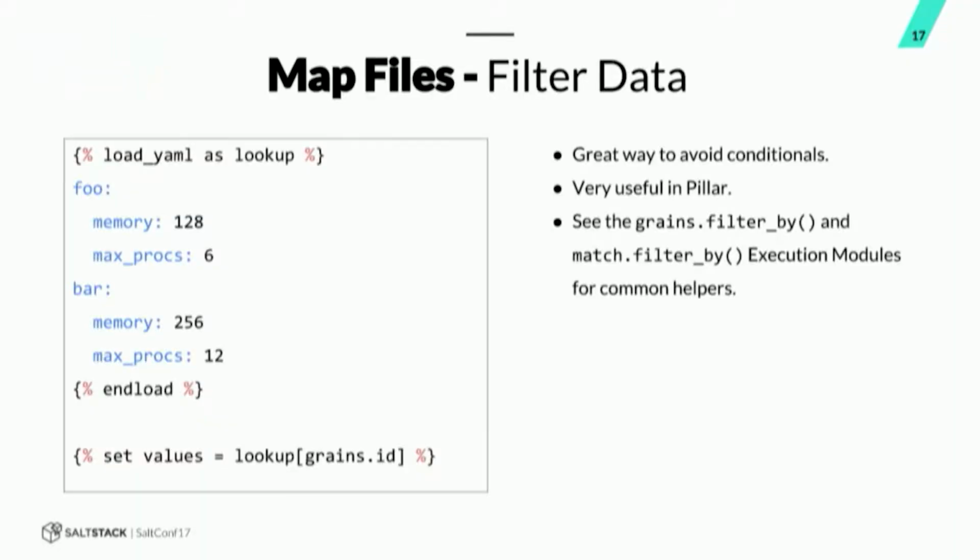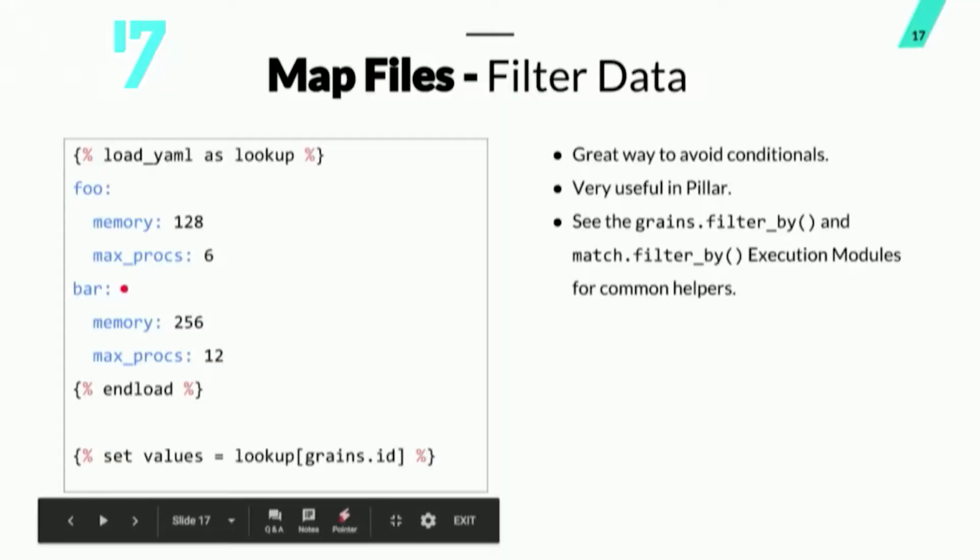They can also be used to filter data. Say you've got a lookup table of all possible values for all possible systems. It's nice and lightweight. You can ship it along with your states. It's easy to reference. But you want to drill down on that data structure for a particular system. This state file happens to be executing on a CentOS box at the moment, and so you want to filter out that CentOS information.